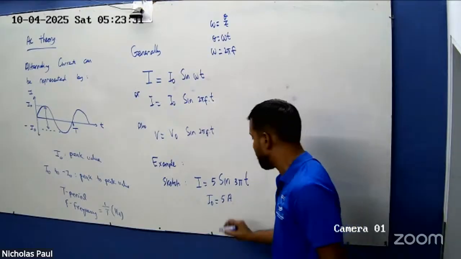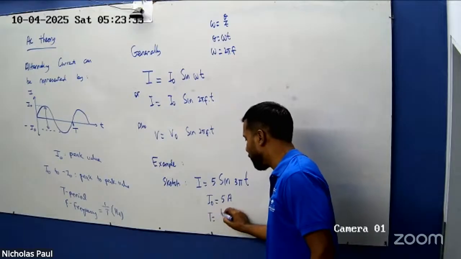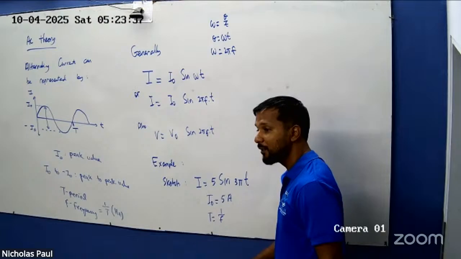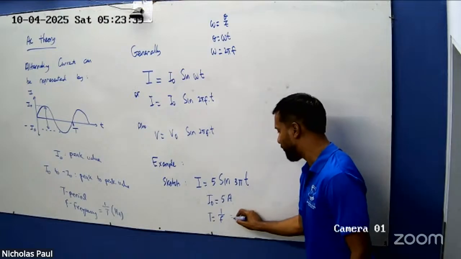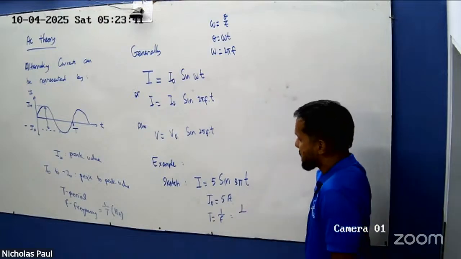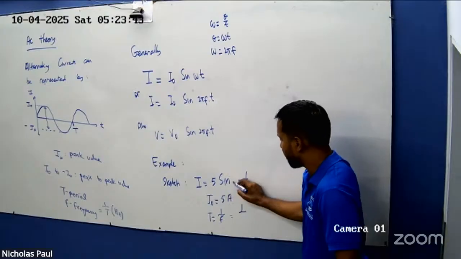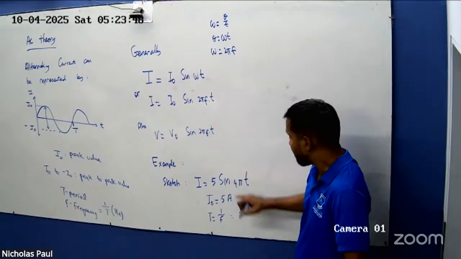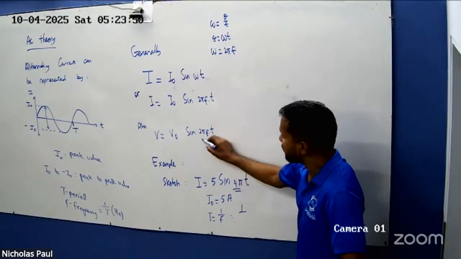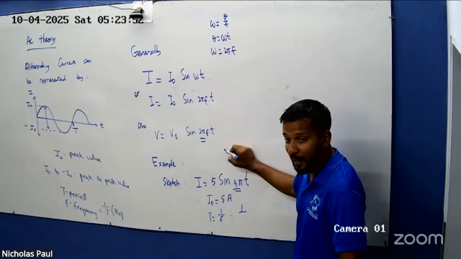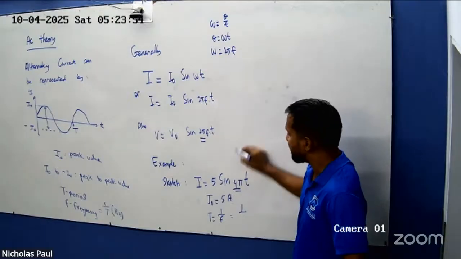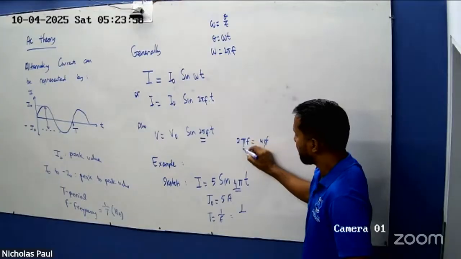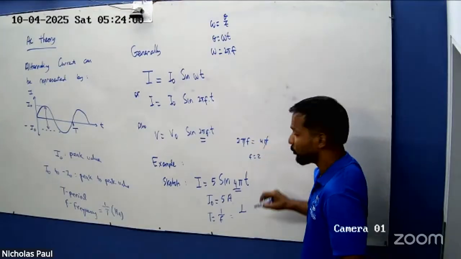Period. And period is how much? 1 over f, period T, so it's 1 over f. F is how much? F is 2, because 4 pi should be equal to 2 pi f. So if 2 pi f is equal to 4 pi, f is equal to 2.